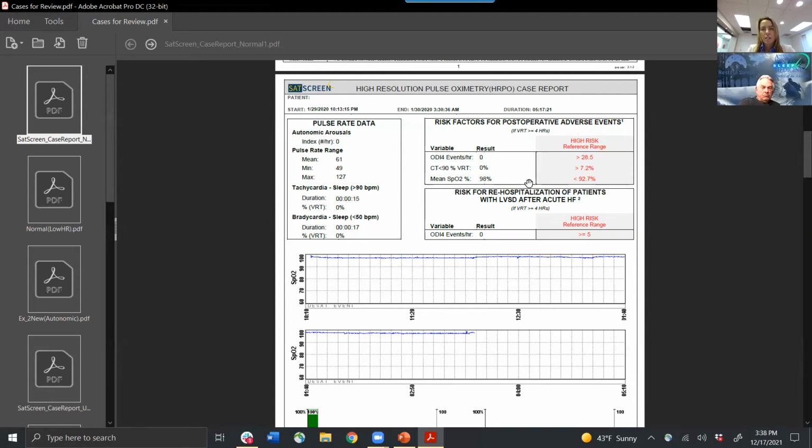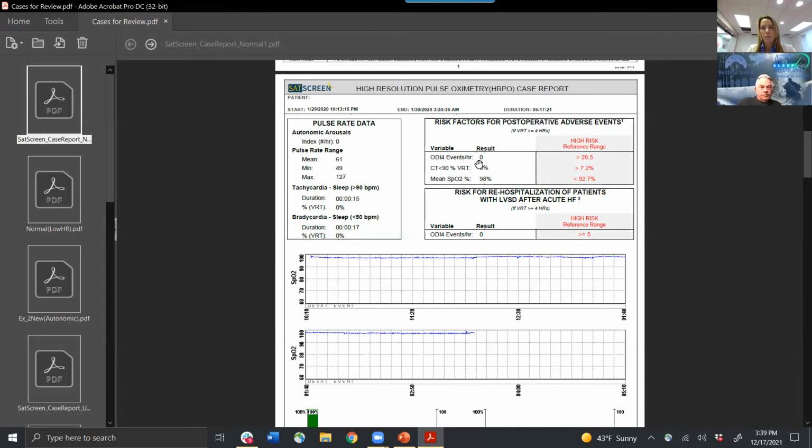The next 2 boxes we have here are primarily for our hospitals and things that we work with. But the first box shows the risk for postoperative adverse events. So if you're doing any kind of sedative dentistry, or if you have a patient that you know is going to be going in for any type of surgery soon, we give you their result versus the high risk reference range.